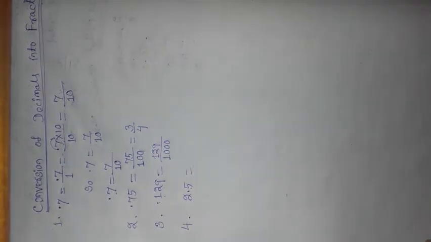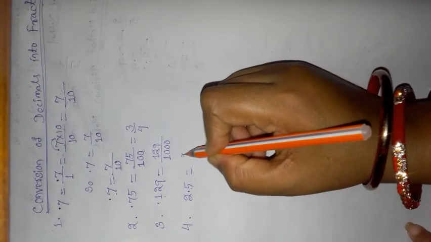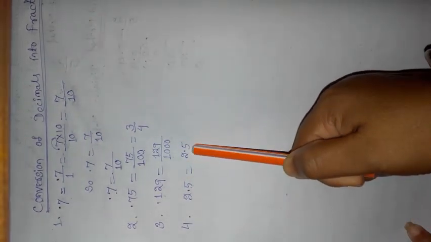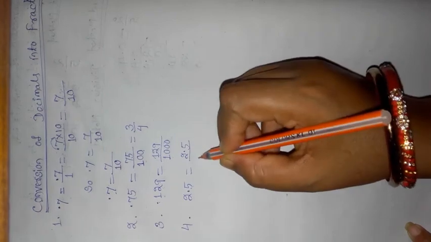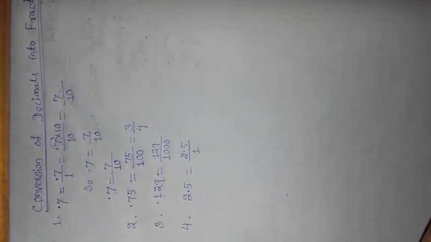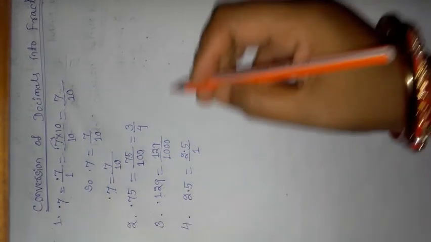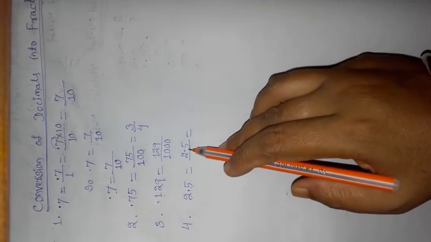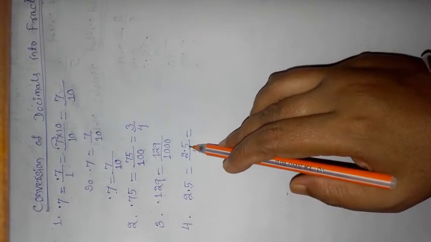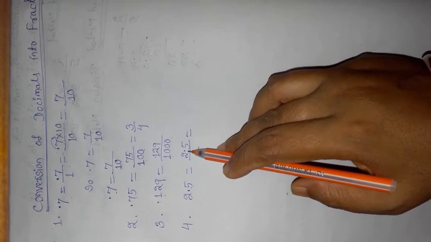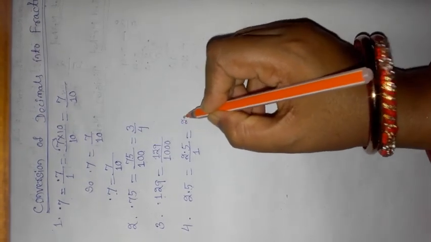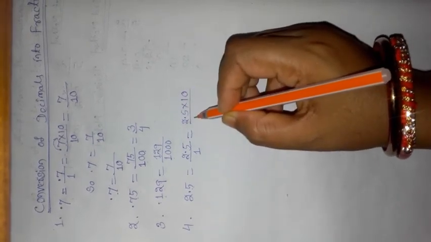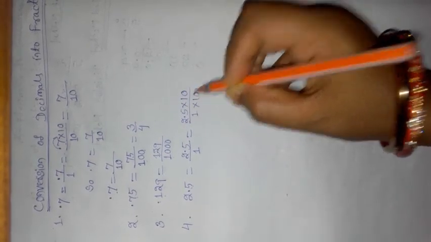So write down the decimal in the numerator and write down 1 in the denominator. There is only a single digit after the decimal point. That's why multiply with 10 in both numerator and denominator.